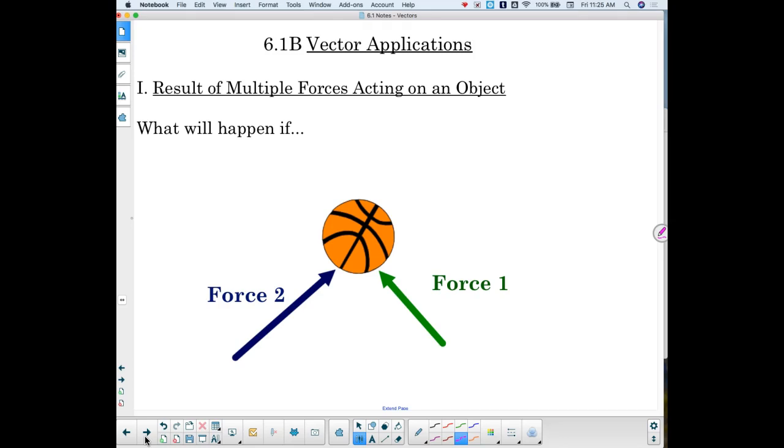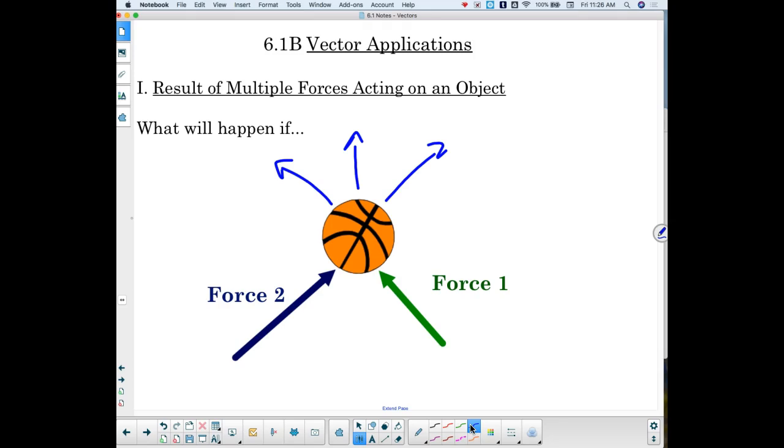It could go straight up. It could go this way, could go that way. So, depending upon which force is more, it could go that way, it could go that way, or it could go that way. All right?